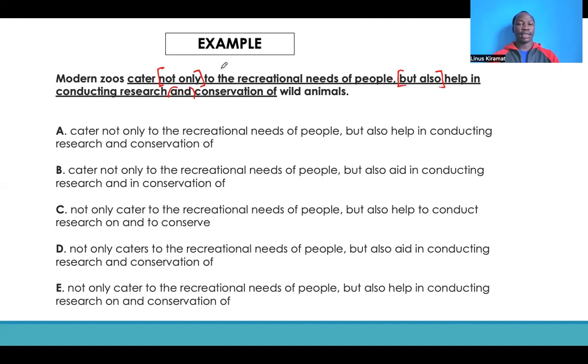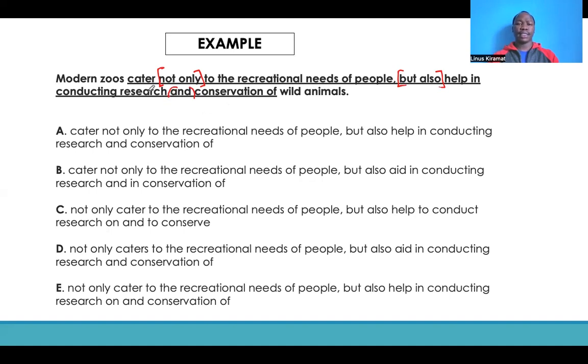So is our sentence in the correct parallel structure? We can already tell some disparities. For example, the first part before not only, we have cater. This cater could be referring to the recreational needs of people. So it's part of what the modern zoos do, all right? Then we have, but also help in conducting research and conservation of wild animals.